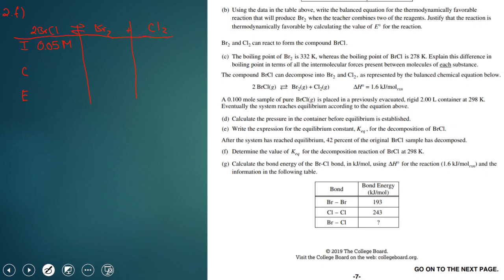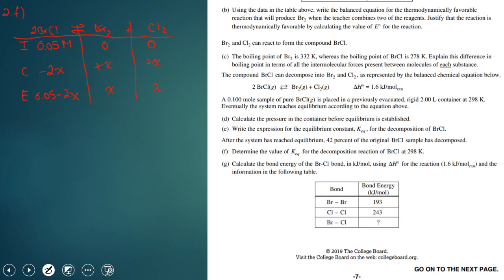The question also says, keep in mind this wording, previously evacuated rigid container. So these are both 0. And then think about our change in concentration. Here we're going to be subtracting 2 times some quantity, and for each of these we're going to be adding some quantity. But then what you also have to consider is that while these expressions are in terms of x, we do have a way of figuring out what x is, namely the fact that 42% of the original sample has decomposed.